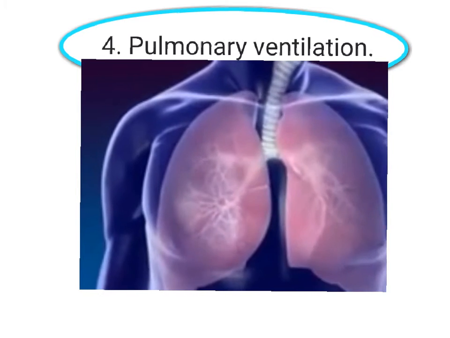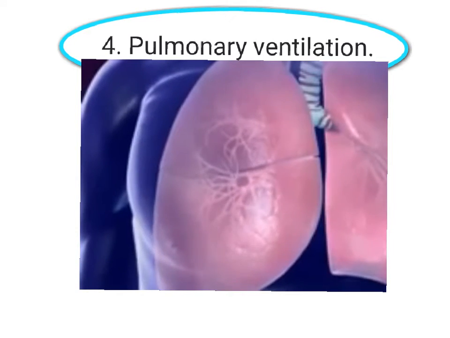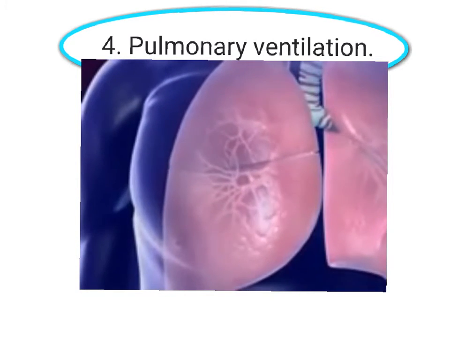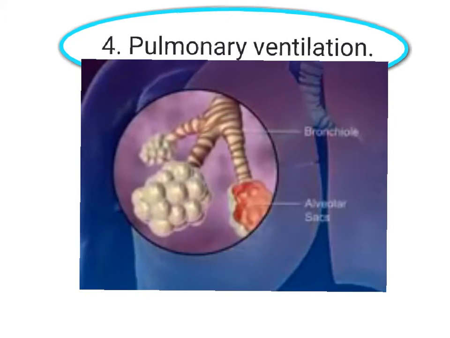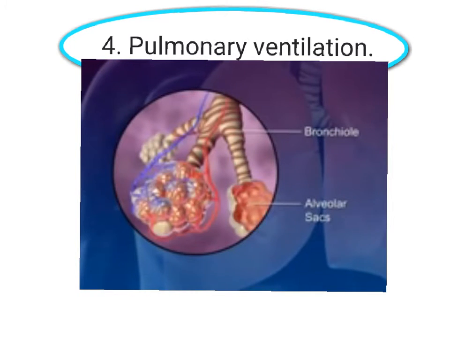The bronchus that carries the air divides into smaller tubes called bronchioles. At the end of each bronchiole are the alveolar sacs, which are surrounded by blood capillaries and contain millions of alveolar cells, where the gas exchange takes place.